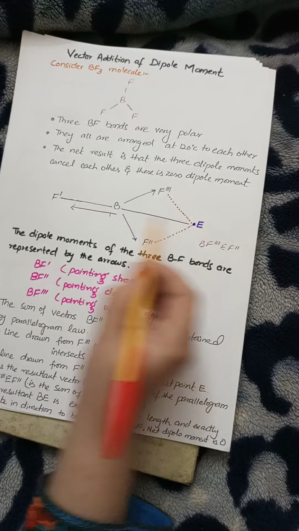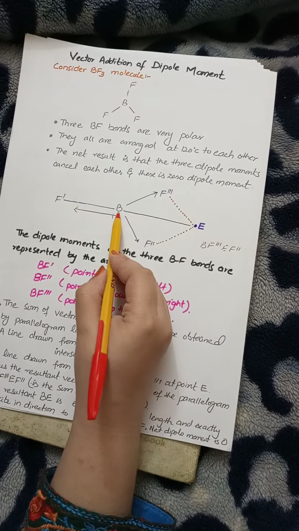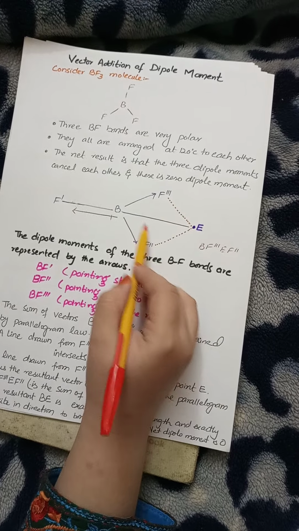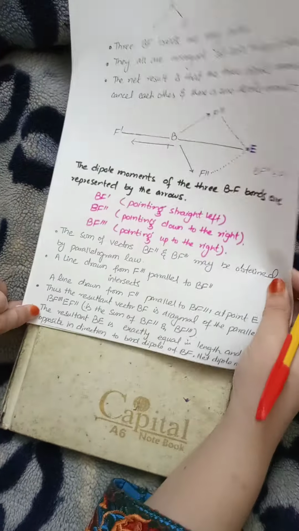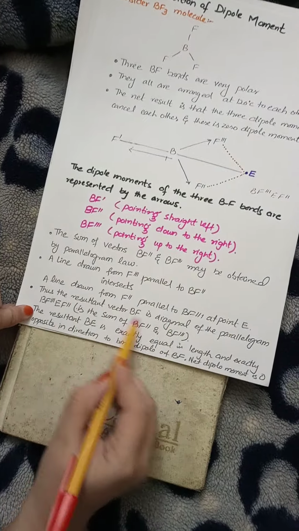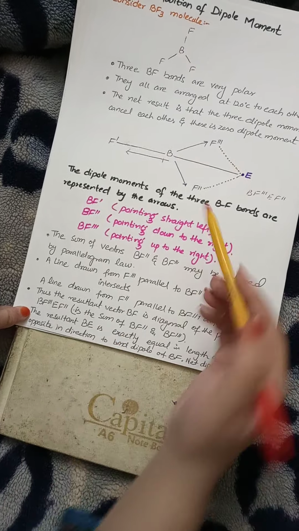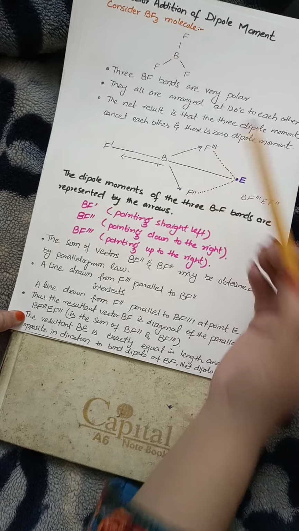And what is a diagonal? A diagonal is basically a straight line which is joining two corners, B and E, of any shape. That could be a square, a rectangle, or a parallelogram, any shape. So the resultant vector BE is a diagonal of this parallelogram, and it is the sum of BF double dash and BF triple dash.